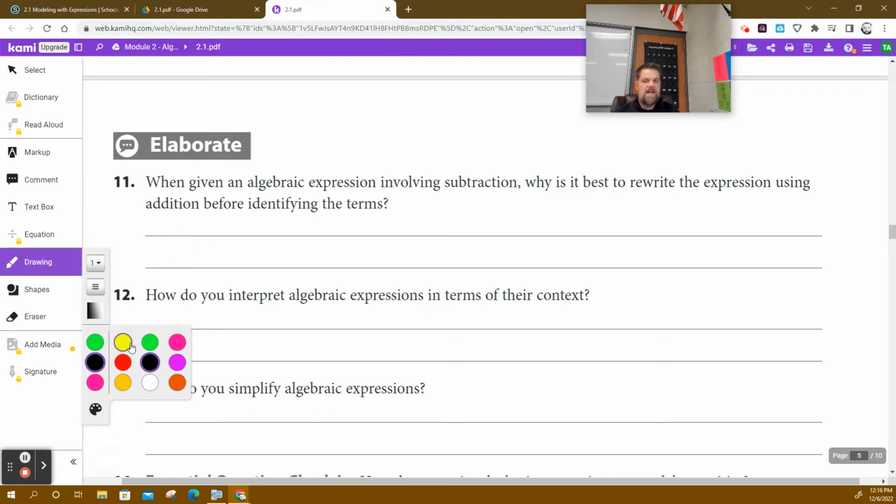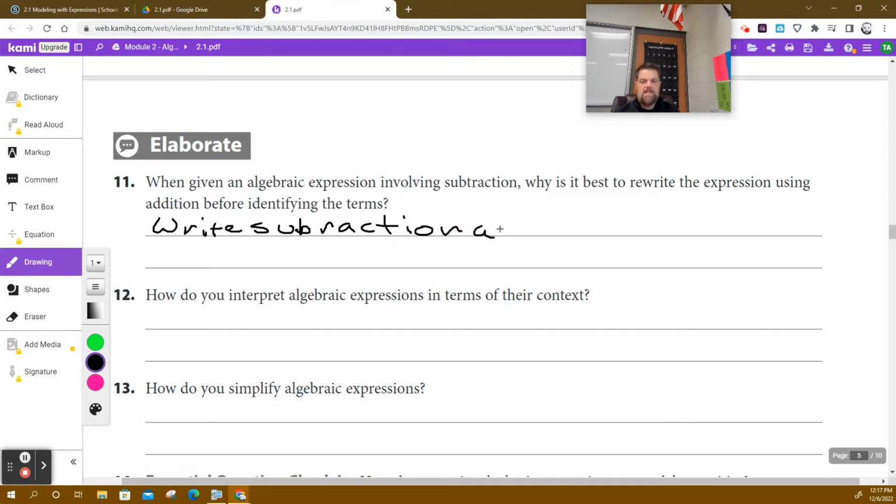Let's change this to black. I think this is what they're saying: write subtraction as the adding of a negative term.